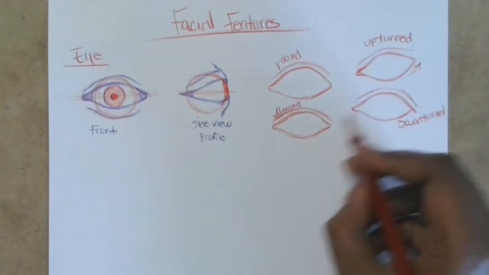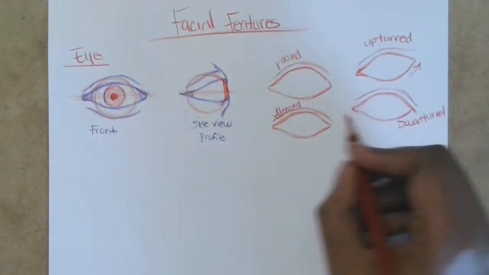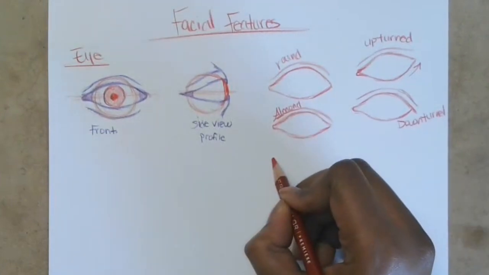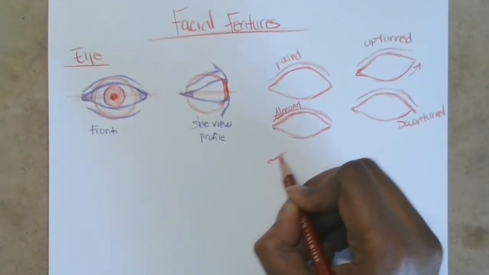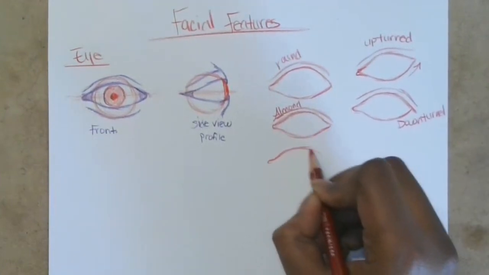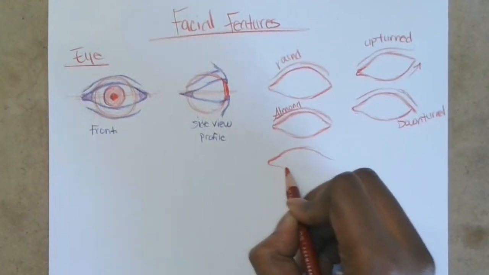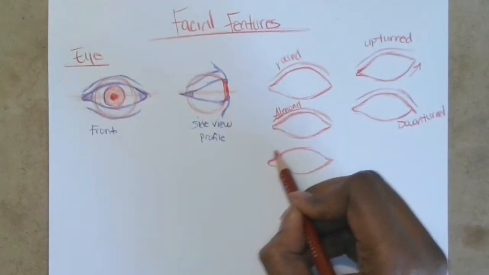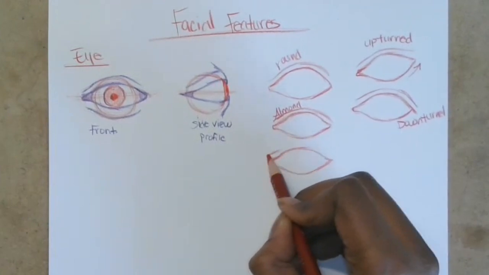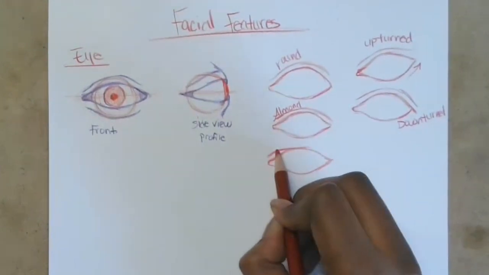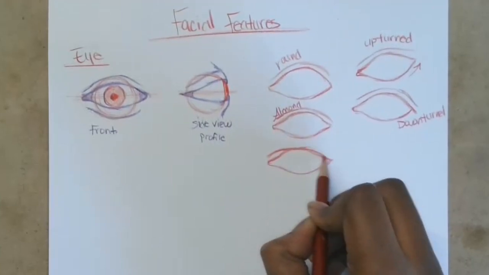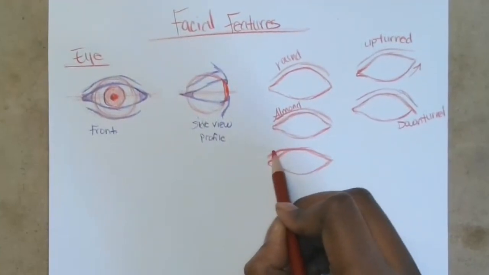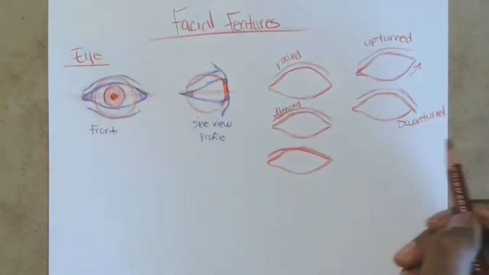And then we have two more, a hooded lid. So you'll start by drawing the top curve of the eye and the bottom curve of the eye. But in this area, the lid will start in the corner, but then it'll overlap this eyeball. So this is the corner eyelid, but it overlaps over the eye.